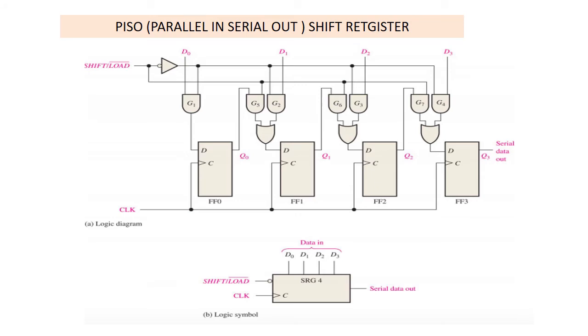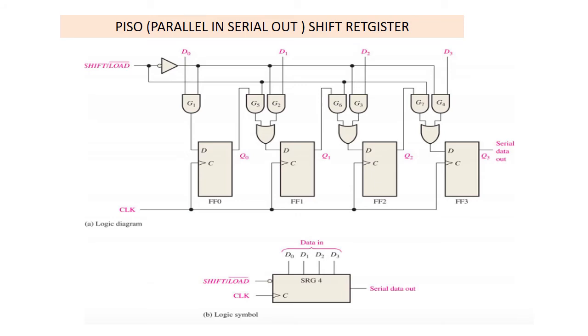When the shift or load bar line is low, the gates G5, G6 and G7 are disabled, whereas the gates G2, G3 and G4 are enabled, allowing the data input to appear at the D inputs of the respective flip-flops.